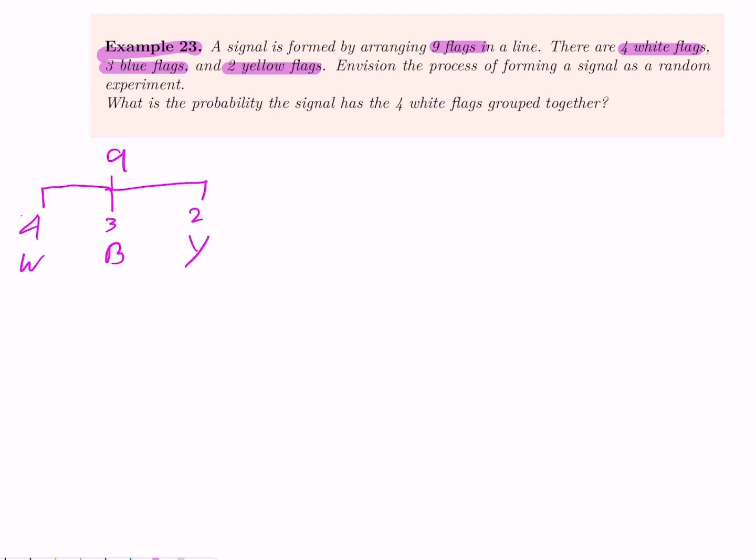Okay, think about this experiment. As an example, say there are 3 blue flags. So there is 1, 2, 3, and I change the order to 2, 3, 1.